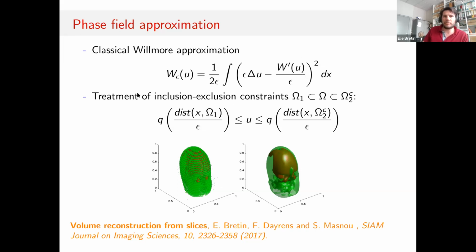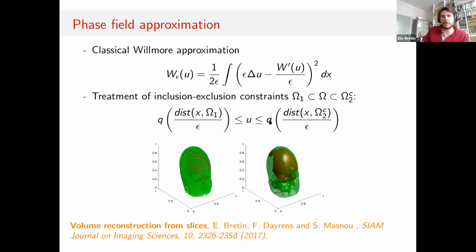And the advantage of the phase field is that we know by asymptotic expansion the profile of u, so you can adapt the inclusion-exclusion constraint by a simple inequality on u, where this term is the phase field representation of the set omega 1, and here is the phase field representation of the set omega 2.